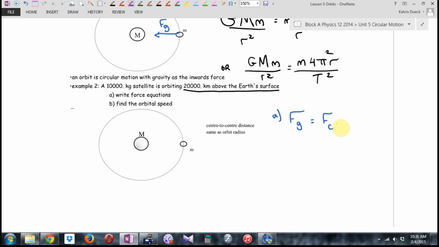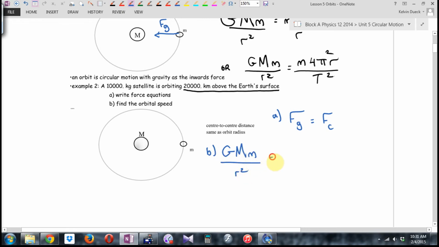I can now say for part B, big G, big M, little m over r squared equals mv squared over r. Oh, I noticed something. What? A tiny satellite will orbit at the same speed as the space station. The masses up there cancel. Actually, I noticed one more thing. How many r?